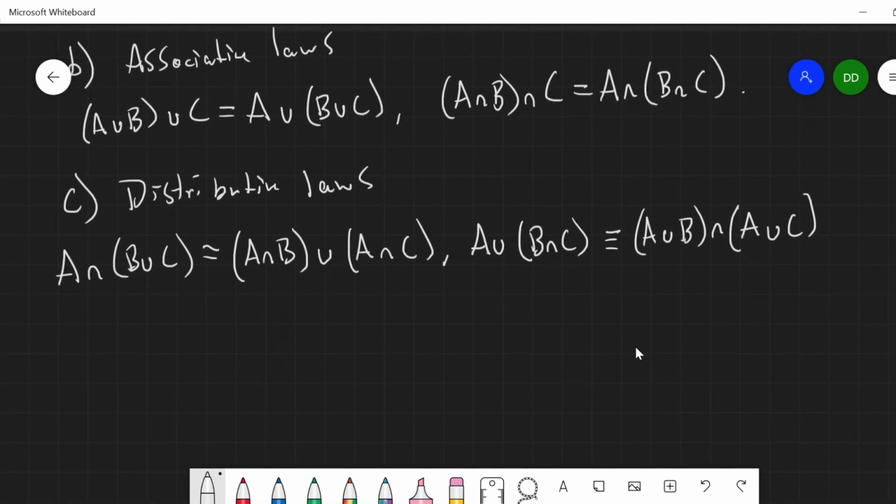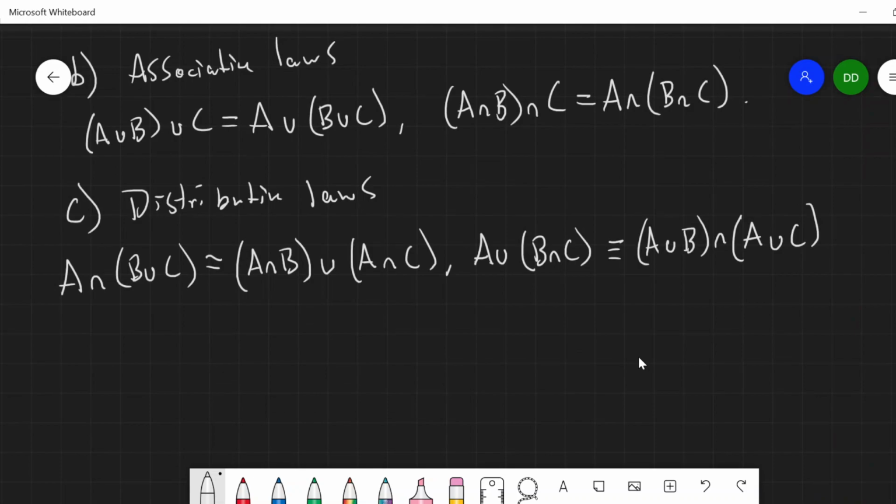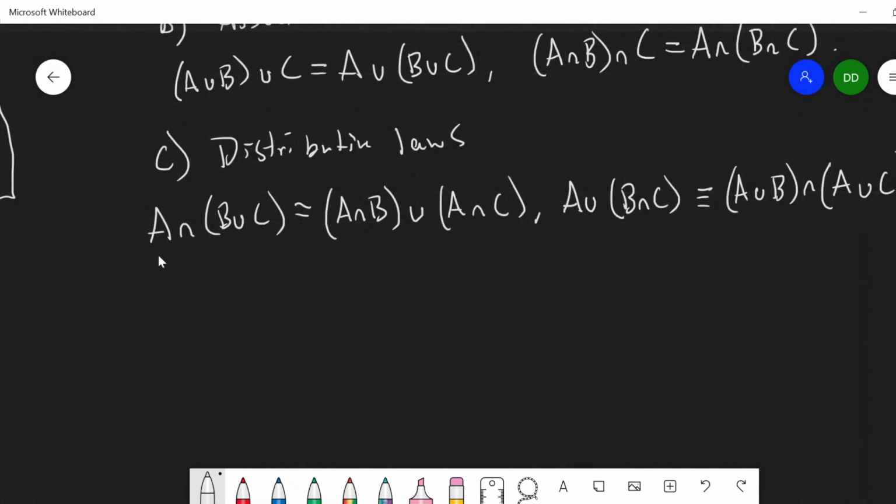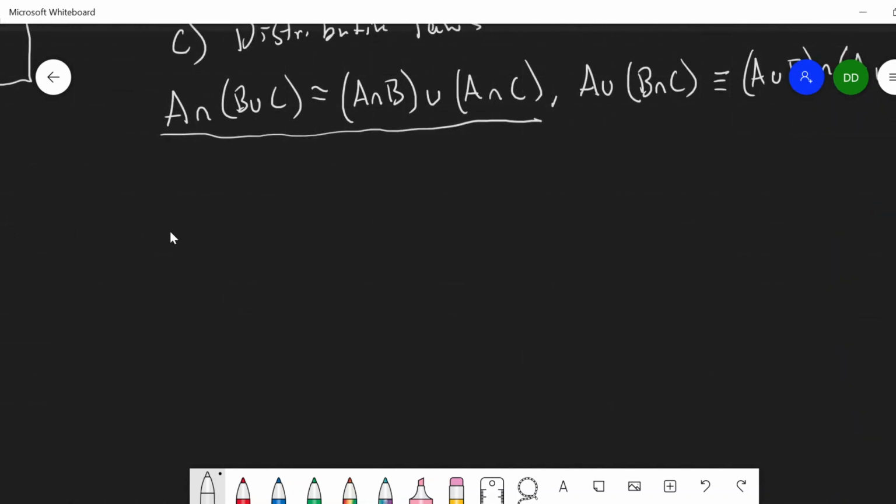So I also want to pick out one of these distributive laws. I think I want to pick out this one. I'll illustrate why this one is true, and we'll also look at a proof for this. First, an illustration of why this is true. I need three sets, so I'm going to build a Venn diagram.